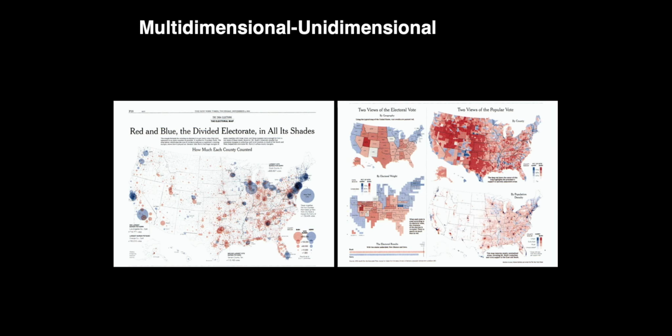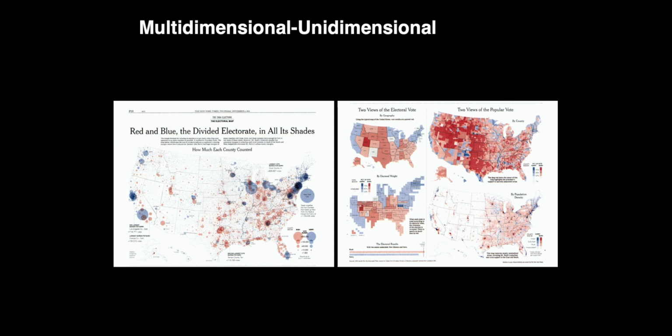Here we have election data being displayed for a New York Times article. This is all one piece, by the way. So is this more multi-dimensional or unidimensional? So considering this is all one piece and there are multiple maps displaying very similar data, this is very multi-dimensional.